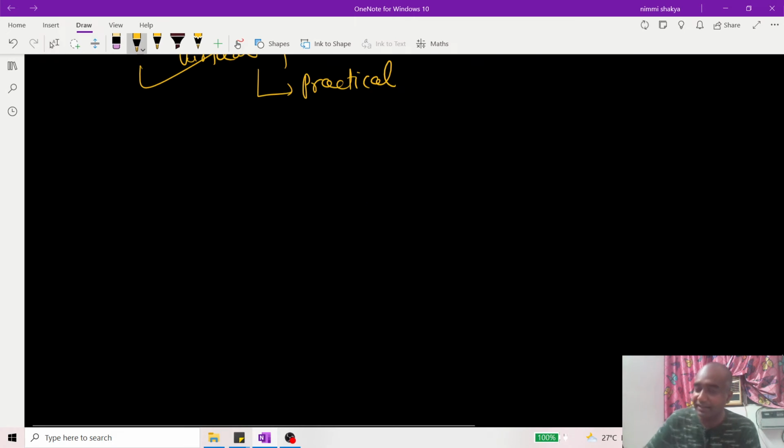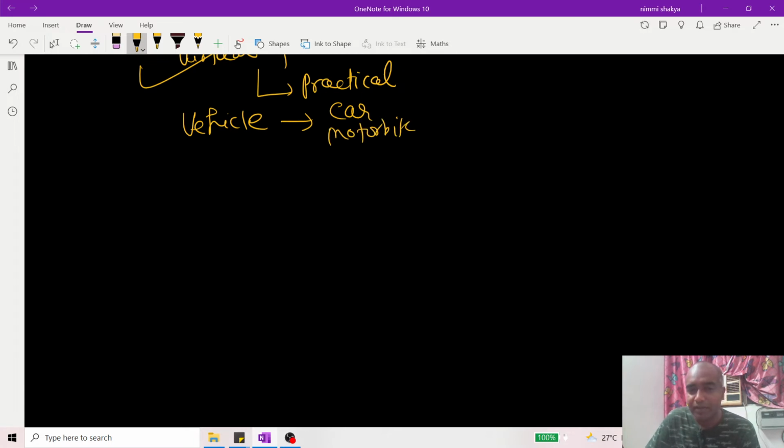Similarly, you can see there is a vehicle. That vehicle can be a car, that vehicle can be a motorbike, that vehicle can be a truck. So all these are types of vehicles. These are the different forms of a vehicle. A car is a vehicle, a motorbike is a vehicle.